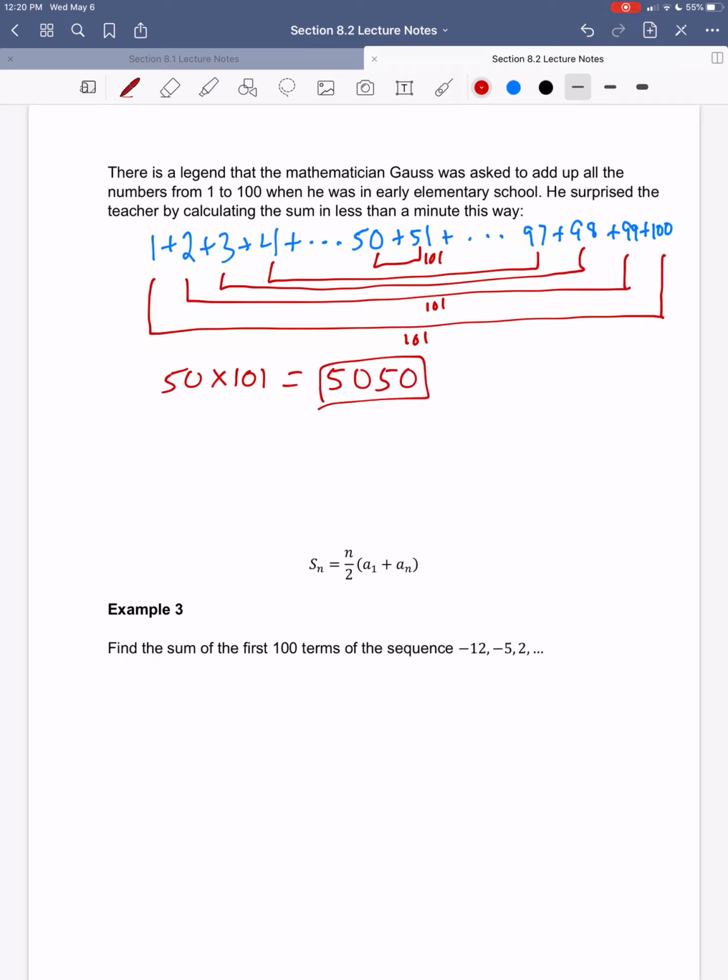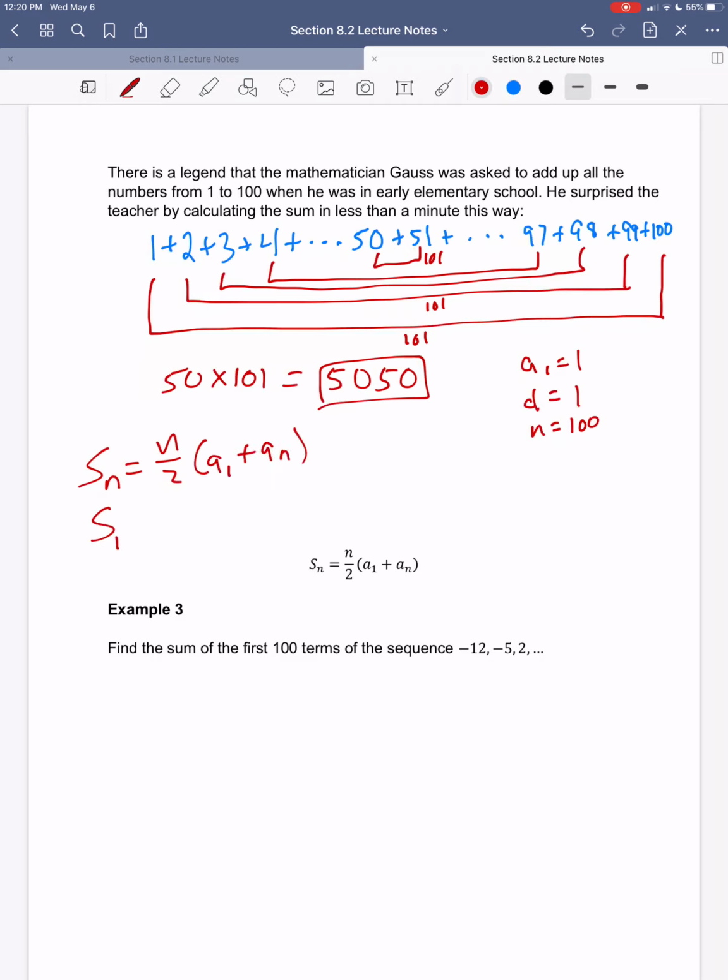Okay. The other way we could do this is to think of this as an arithmetic sequence. My first term is 1, and my common difference is 1. And I want to know the sum of the first 100 terms. So my S sub n, I can think of as n over 2 times a sub 1 plus a sub n.